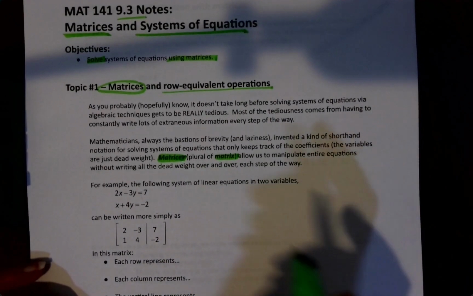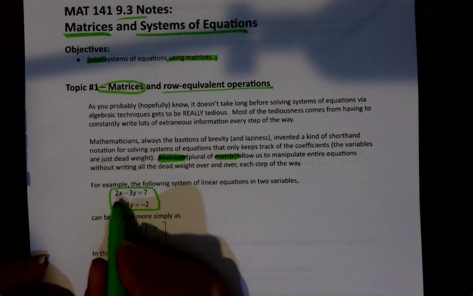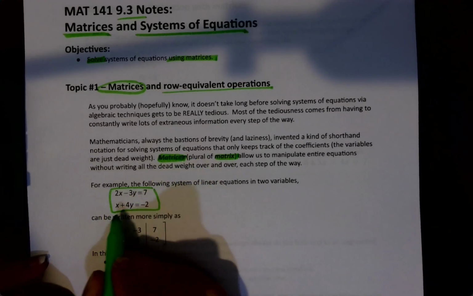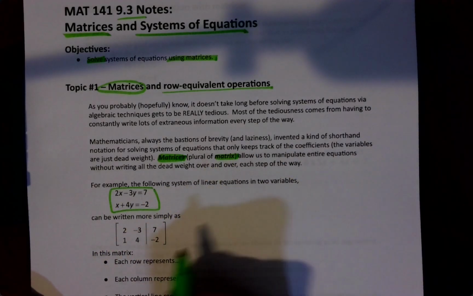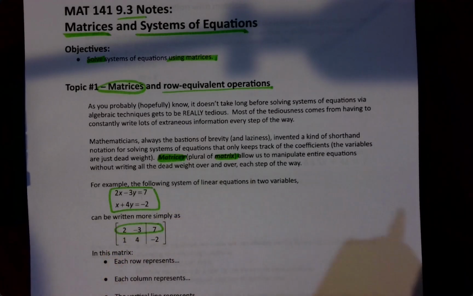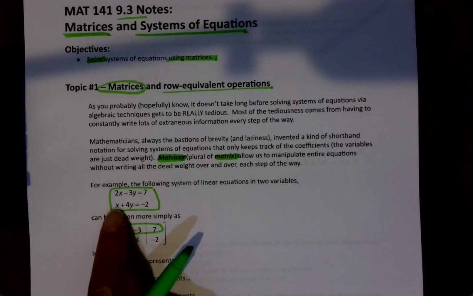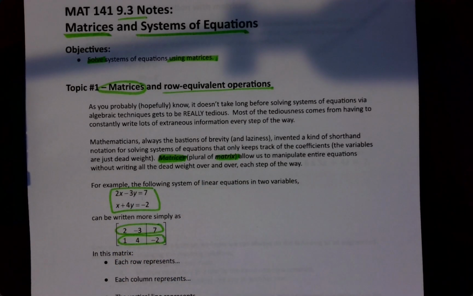For example, if we take the equations 2x minus 3y equals 7 and 1x plus 4y equals negative 2, we can write this more simply as 2, negative 3, 7, and then 1, 4, negative 2, using just the coefficient values in each of our equations.